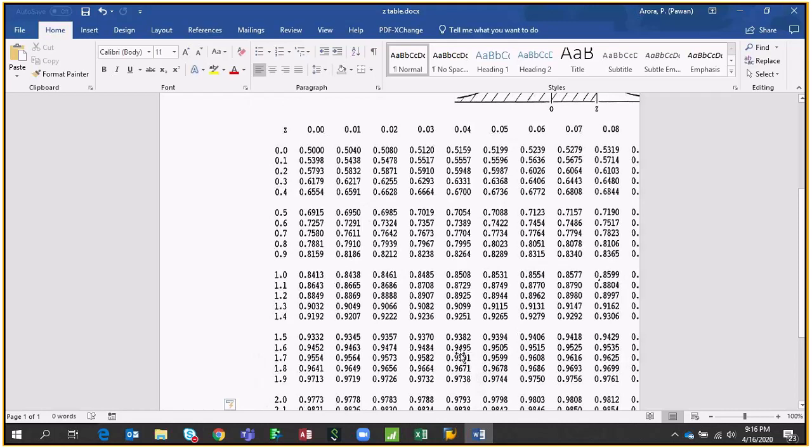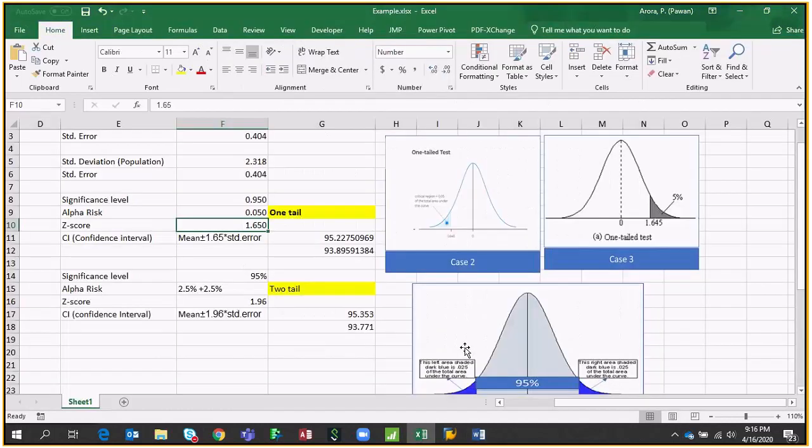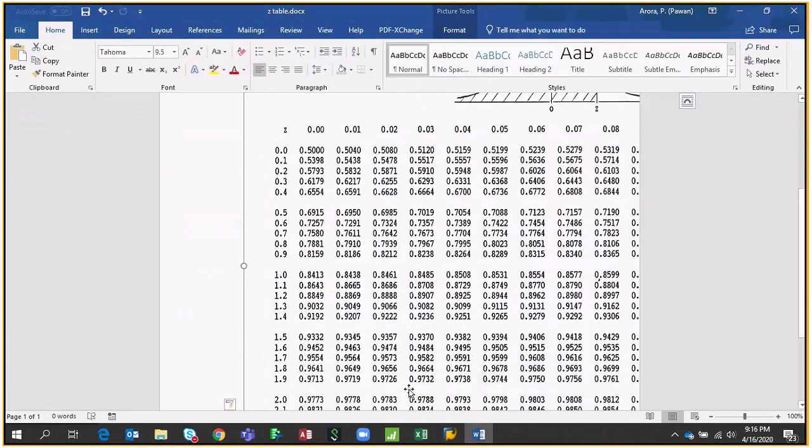In between these two, the value will be 0.9500, which is 1.645. That's why you have 1.645 as a Z score, because it talks about 0.9500 of your probability values or the area.